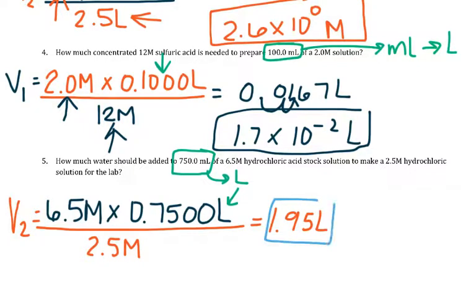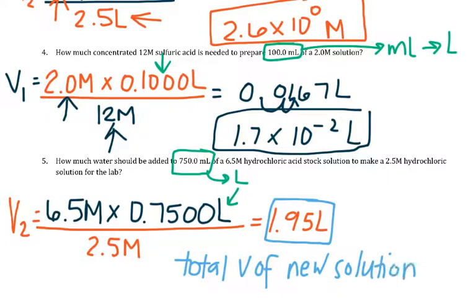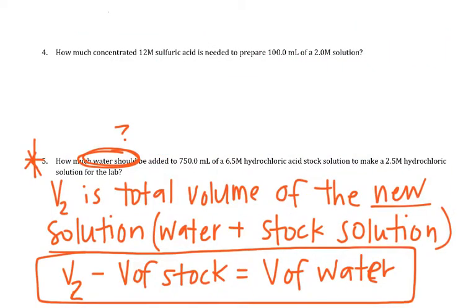So this number that you got is actually the total volume of the new solution that you're trying to make. The only reason I point this out is because I want you to go back to the problem, and it says how much water should be added in order to create this new solution with the 2.5 molarity. So knowing this, we're going to have to do one extra step.